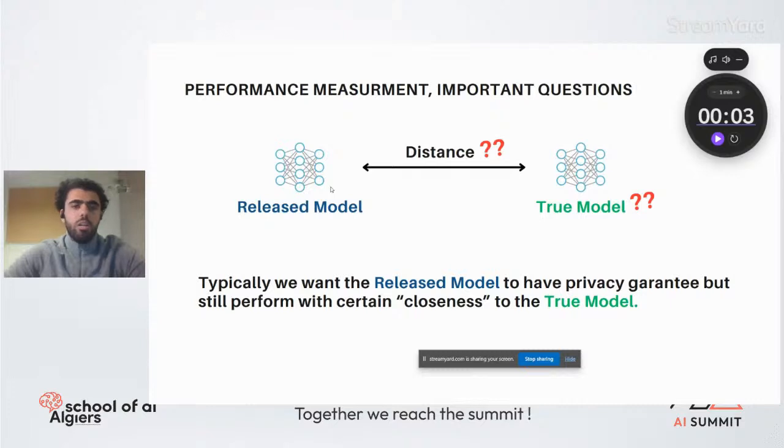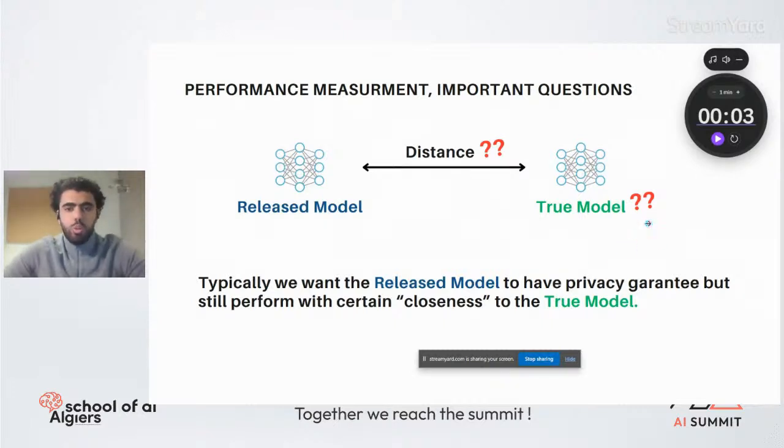Here come some questions that different researchers answered in different ways, depending on the use case. Firstly, how do we define the distance between two models? Is the distance between two models defined by the difference between their parameters, or by the output of the model? And again, what do we consider a true model?